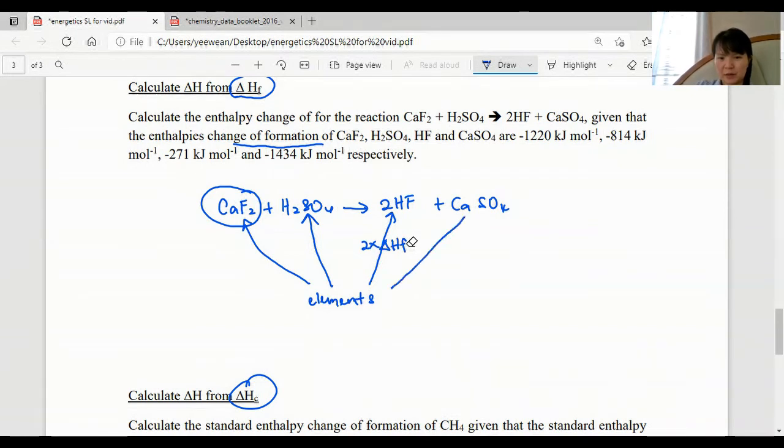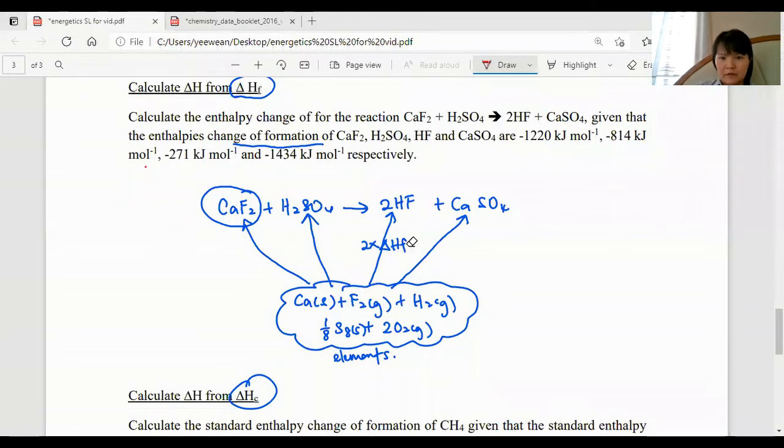And elements to a mole of this. What are the elements? In fact, in the cycle, I don't really need to write the elements here. I just put the word element there just now. The elements are, for example, calcium, which must be solid, so that's a metal. And we know that F2 is a gas, and so on.